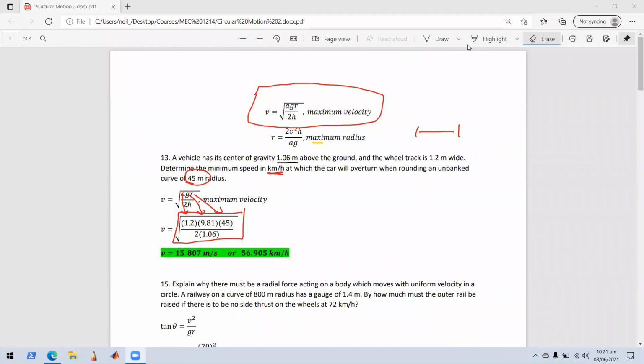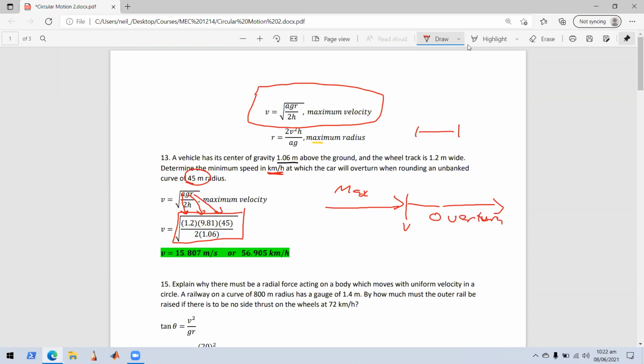Well, the maximum speed a car can take a turn is... the minimum speed it will overturn when rounding an unbanked curve. It's like the maximum speed it could take without overturning. Max speed it can take without overturning, right? This would be the max speed it can take without overturning, some value. Let's call that value V. And the minimum speed, after all of this here, it will overturn, right?